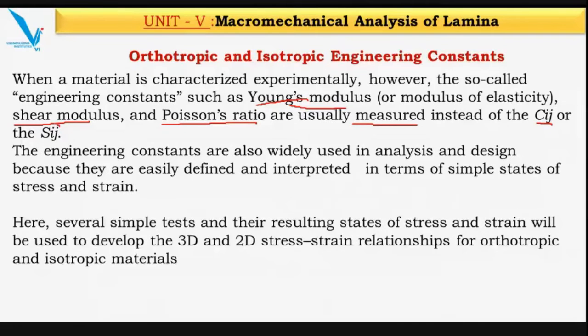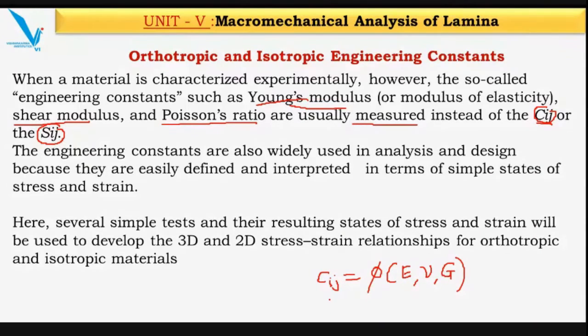We don't directly measure the Cij or Sij, but we measure Young's modulus, Poisson's ratio, or shear modulus, and these Cij or Sij are functions of Young's modulus E, Poisson's ratio mu, or shear modulus G in case of the shear stress.